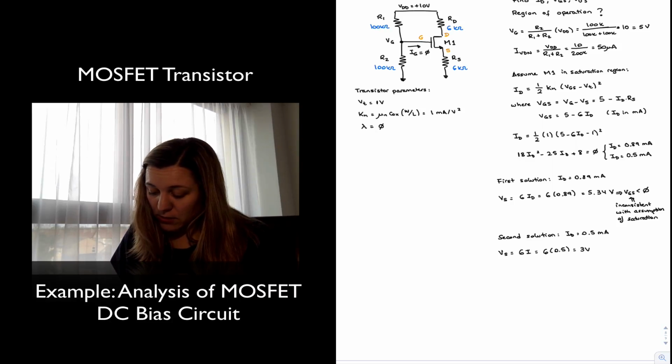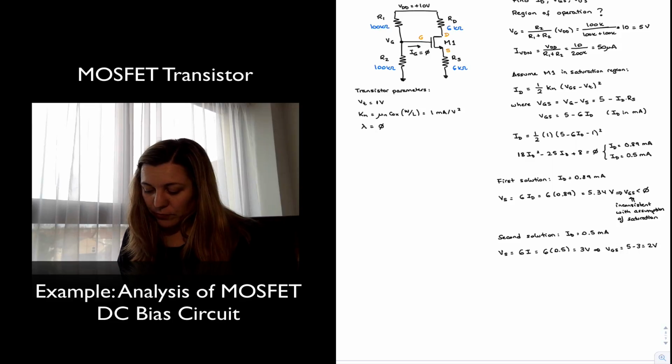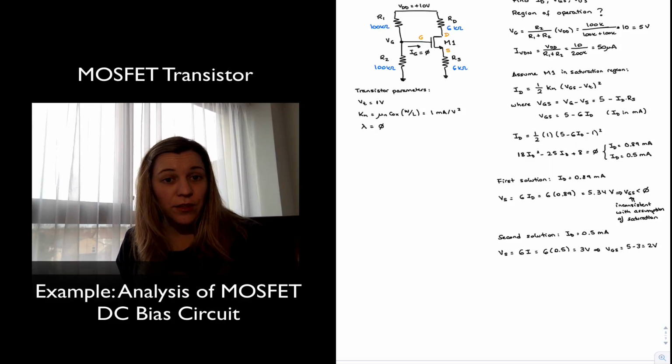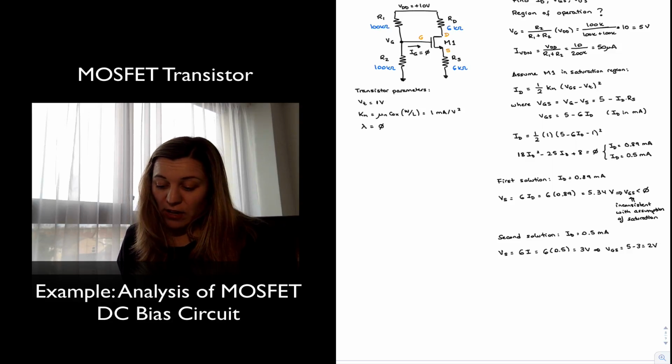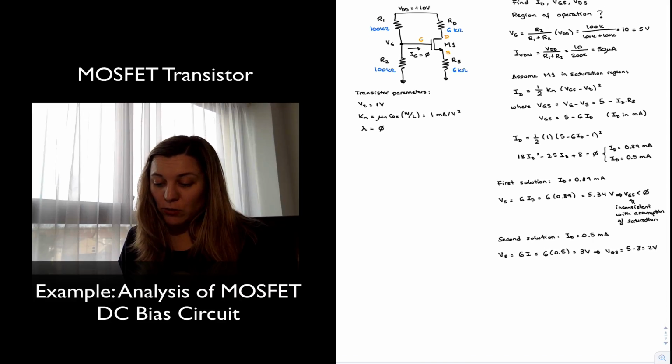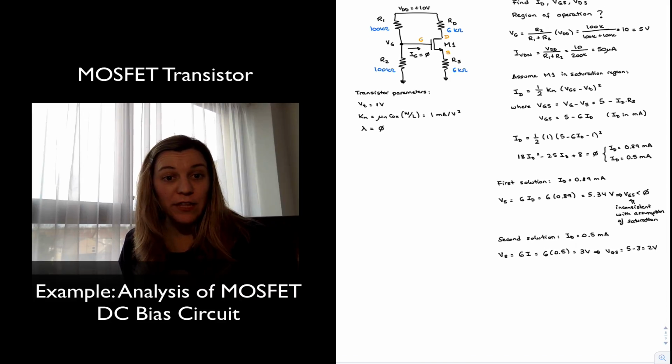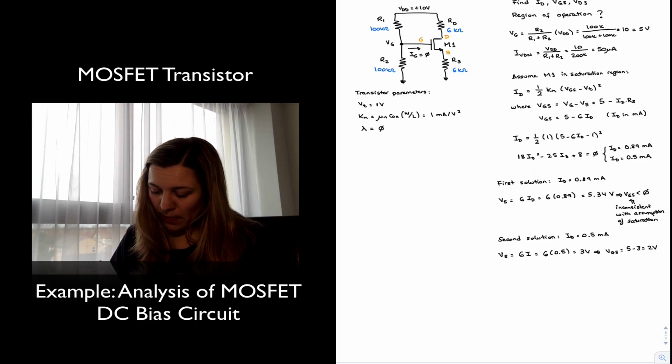In that case, that will imply that my VGS is equal to 5 minus 3, or 2 volts. It is greater than the threshold voltage of 1 volt, so my transistor is on. And I still will have to see whether it is consistent with saturation or triode by looking at the relationship between VGS and VDS, but at least the transistor is on, so far so good.